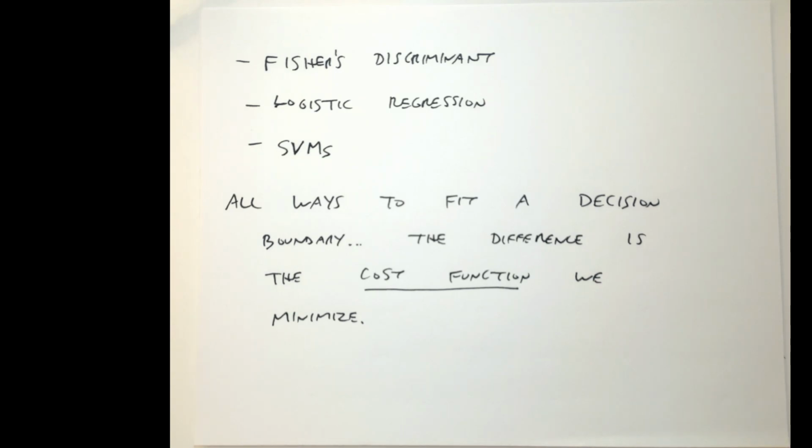Which means that when your classes really don't look Gaussian at all, the assumptions of Fisher's are not really satisfied. Whereas there are no such assumptions with logistic regression. You're just fitting this thing, right? But the more important thing about logistic regression that I really want to get at is the cost function, right?